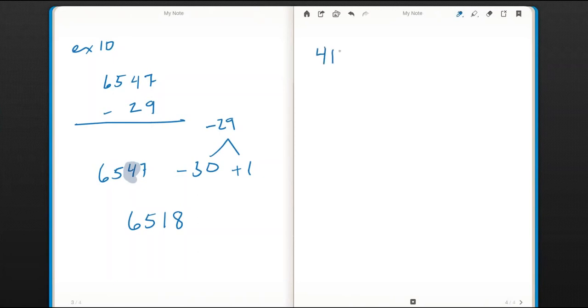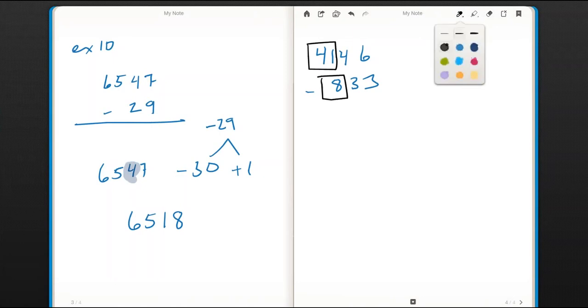Another one of the problems on that page is 4,146 subtract 833. And one of the skills that is helpful is to think about this as the hundreds and the ones, really.